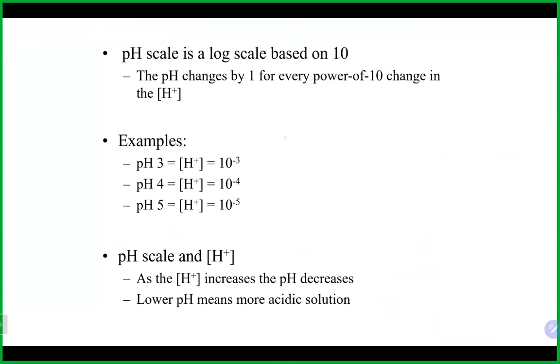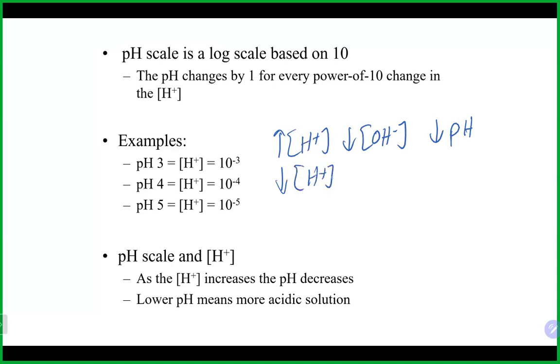As the concentration of H plus increases, we know that the concentration of OH minus decreases, and we will see the pH come down. And if the concentration of H plus goes down, that means the OH minus concentration will go up, and we will see a more basic pH because we have more OH minus than H plus.